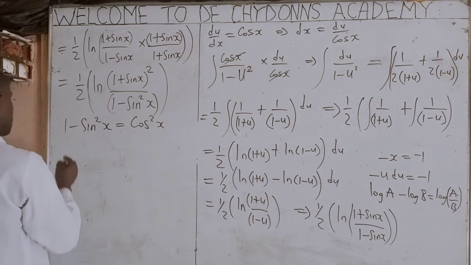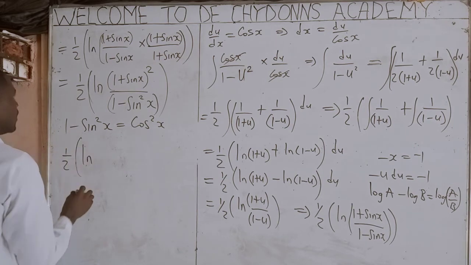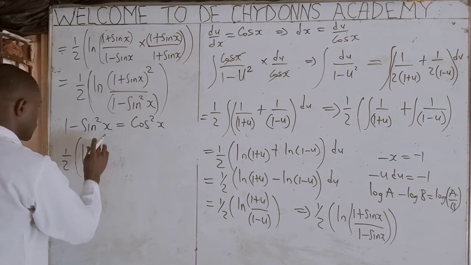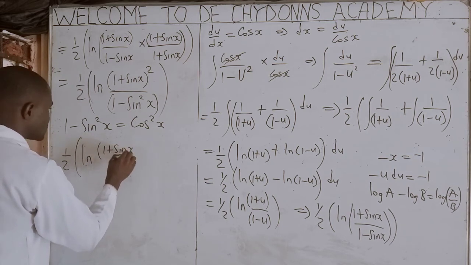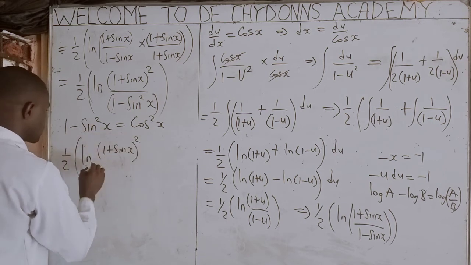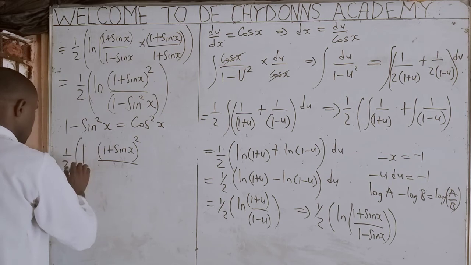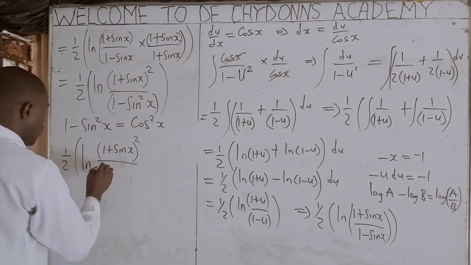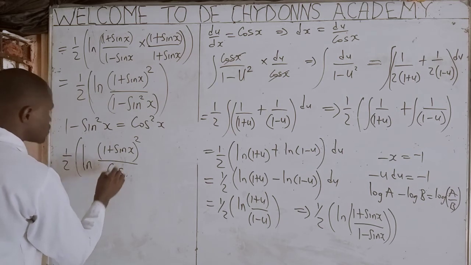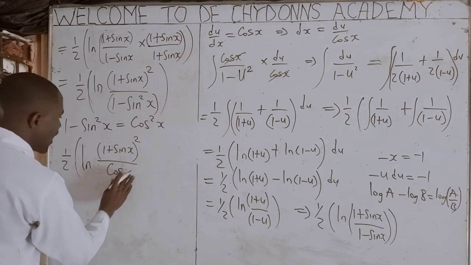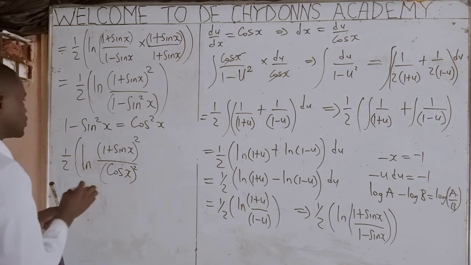That will be giving us 1 over 2 bracket ln 1 plus sine x all squared, all over cos squared x, and cos squared x is the same as cos x all squared.